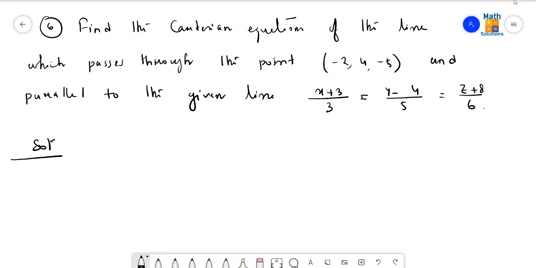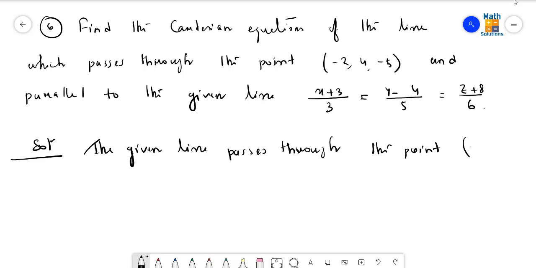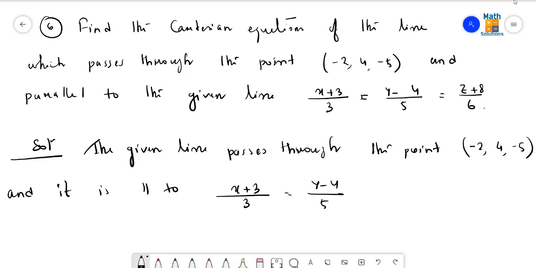So I shall be writing in this way: the given line passes through the point minus 2, 4, minus 5, and it is parallel to x plus 3 by 3, that is equal to y minus 4 by 5, that is equal to z plus 8 by 6.